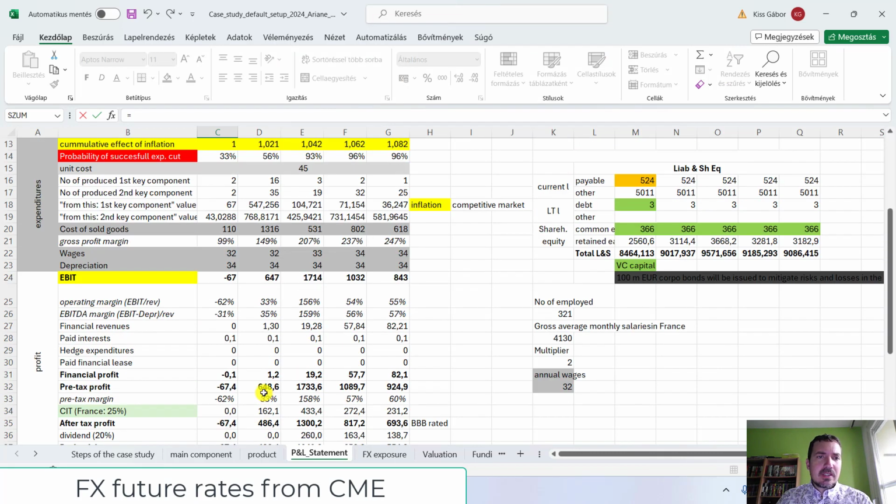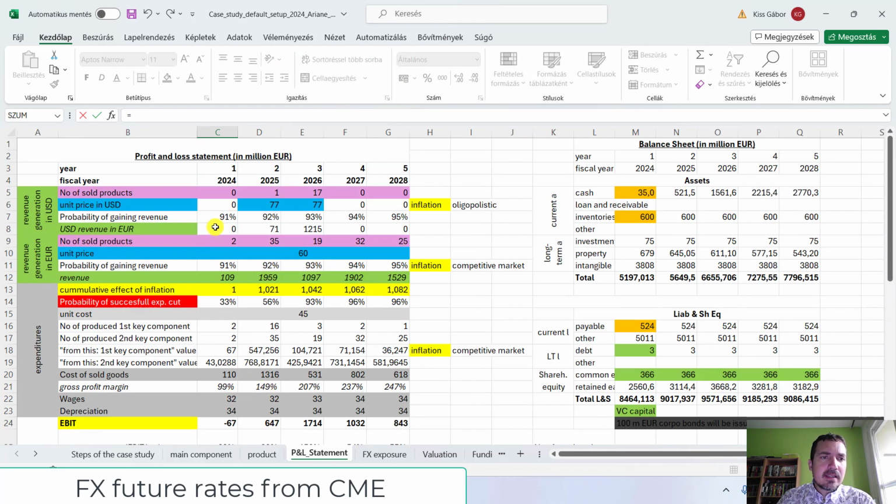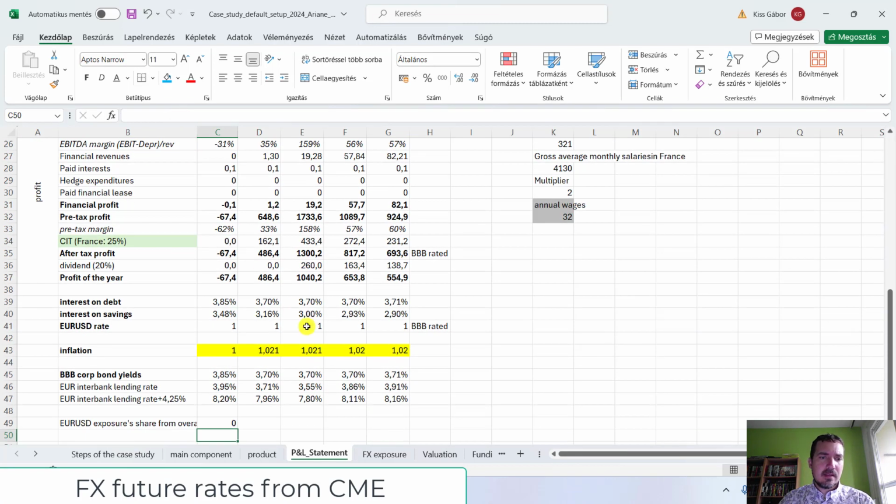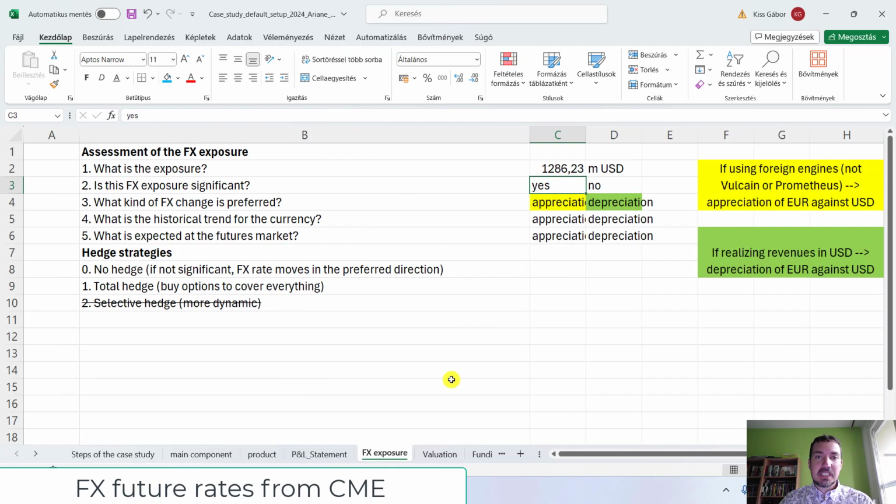Because in this case we can just see this number divided by this number plus this number. Okay, so in the third year it will represent half of our revenue, so yes.